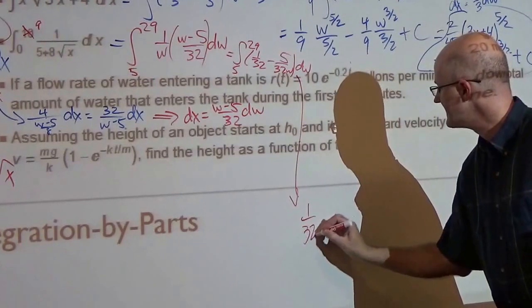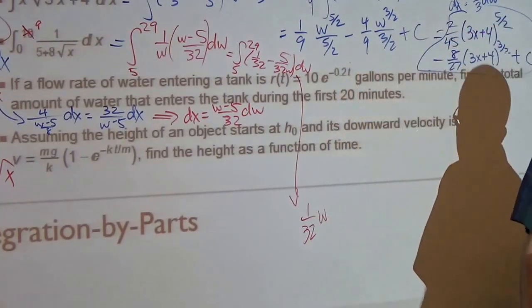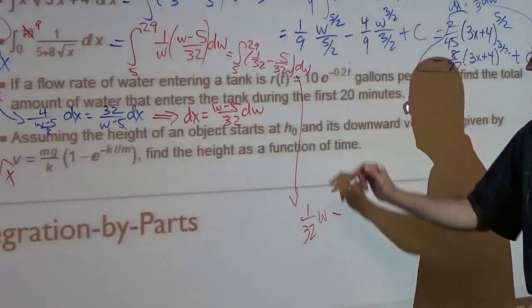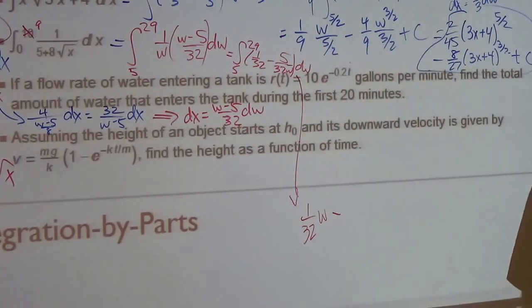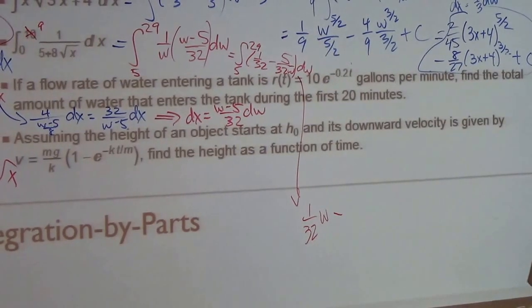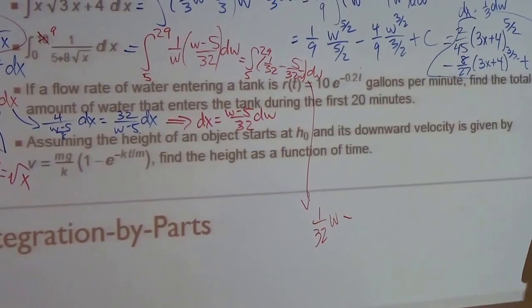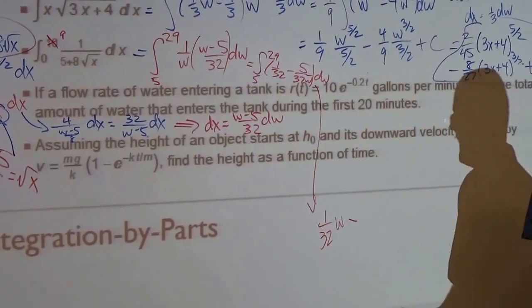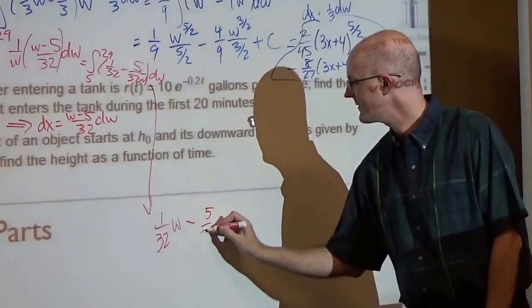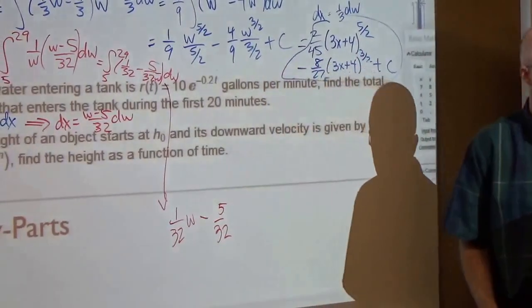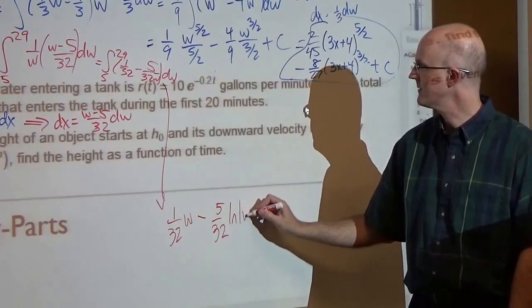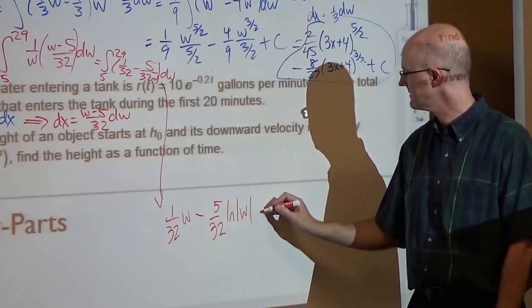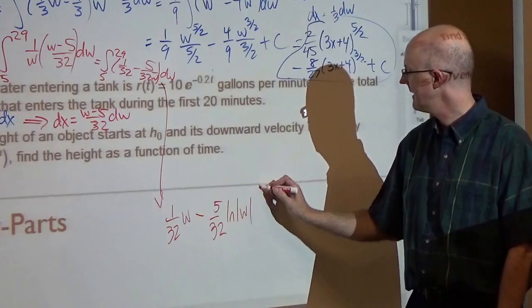w over 32 is the antiderivative of 1/32, and what's the antiderivative of 5 over 32w? You can bring the 5 over 32 out in front, so to speak. What's the integral of 1 over w? Natural log of the absolute value of w, though w is going to be positive, so I really don't need the absolute value sign.